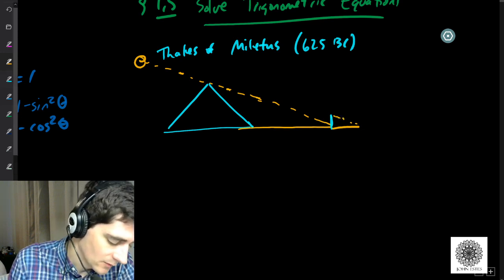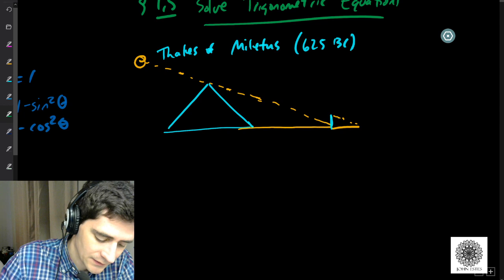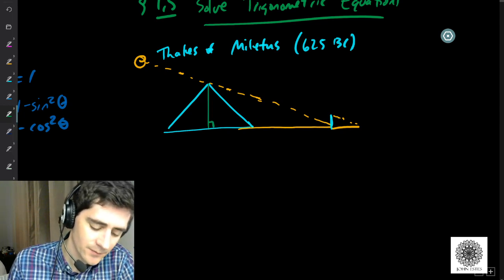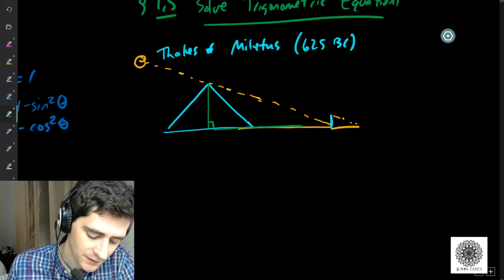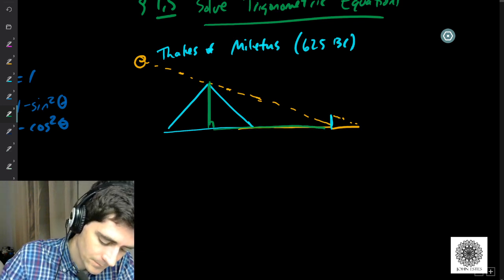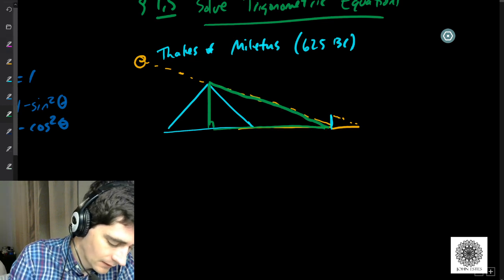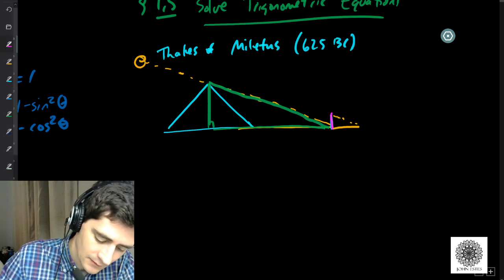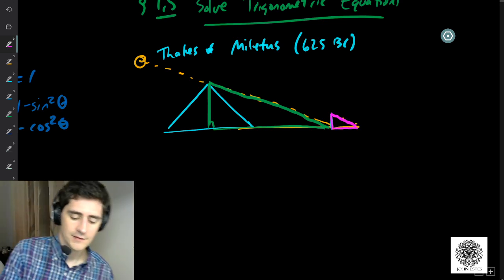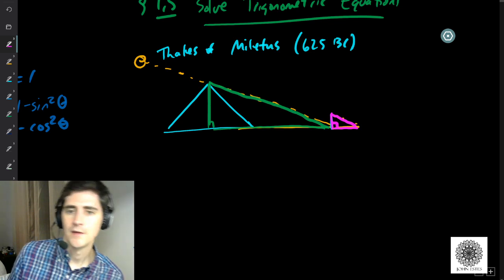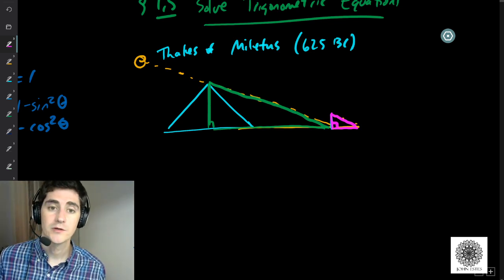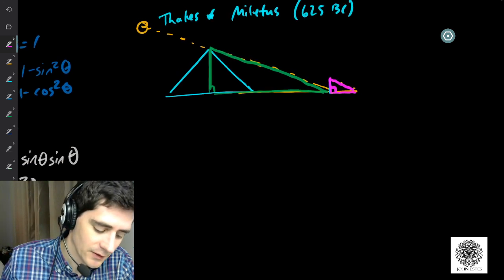What he recognized was that if you draw this straight down halfway in the pyramid, I have two triangles now. There's one, and there's this one, and they have the same shape, basically. They are what we call similar triangles.